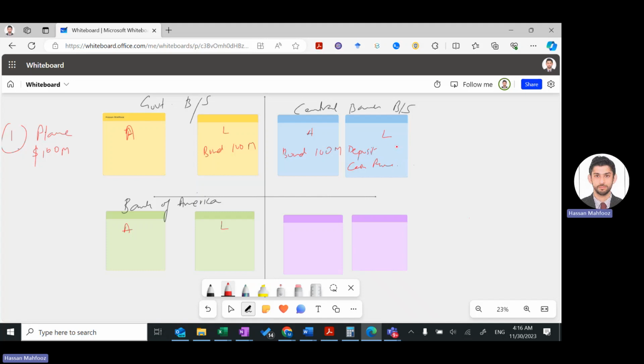So just through keystrokes, the central bank creates $100 million and basically gives it to the government. So the government has cash reserves of $100 million now. And of course, the government also has a liability of $100 million, which is in the form of the bond.